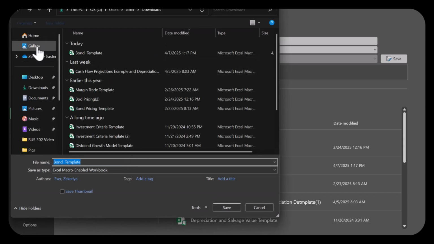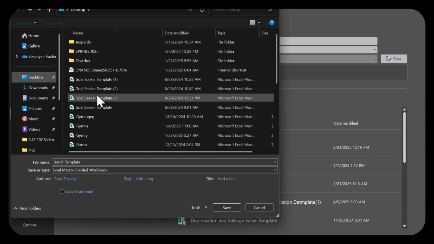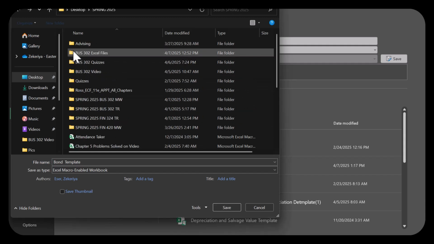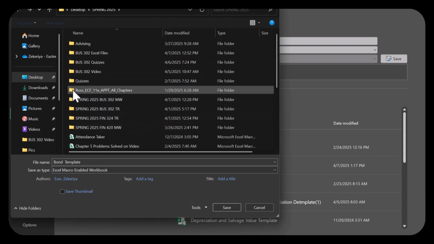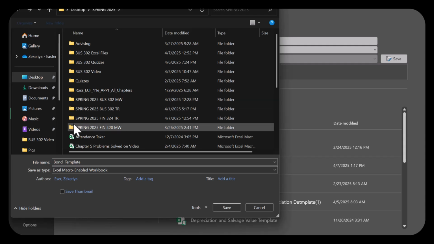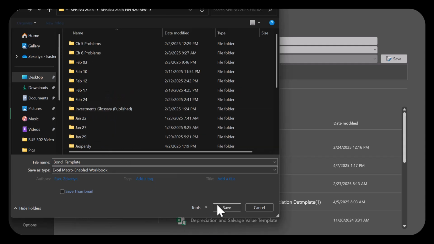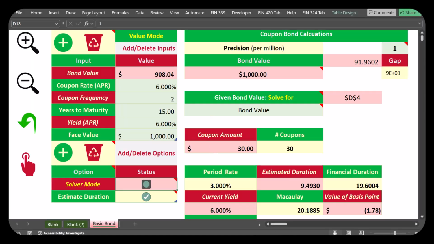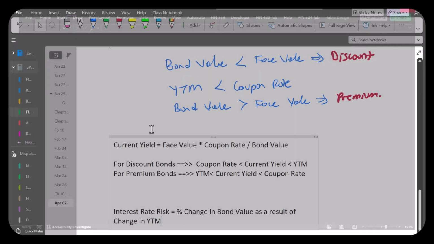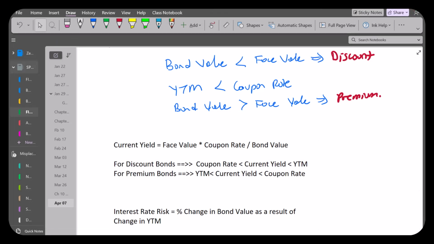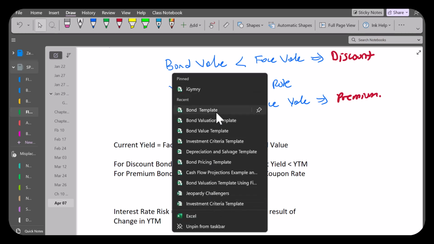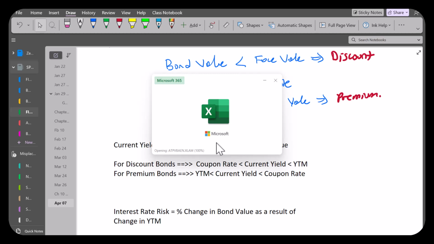And reopen it. For some reason, Excel is slow today.